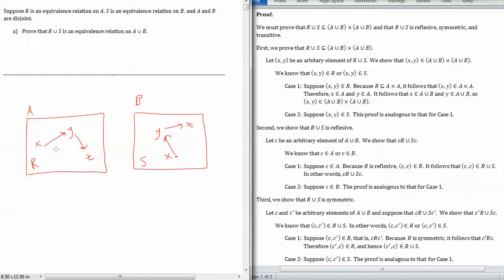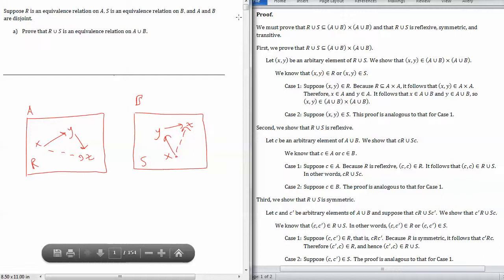In either case, over here, because R is transitive, we get that (X, Z) is in R, and therefore in R union S. Or over here, because S is transitive, we get that (X, Z) is in S, and therefore in R union S. So if you understood that, then you basically understand the whole proof.